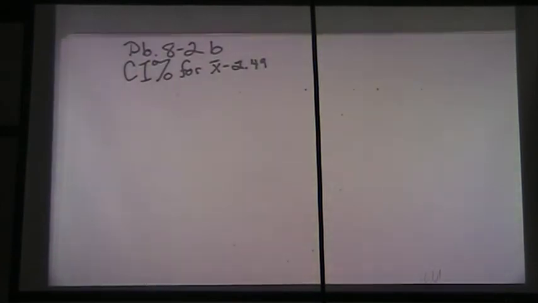Okay, what is the confidence level for the interval x bar minus 2.49 times standard deviation divided by square root of n, less than or equal to mu, less than or equal to x bar plus z alpha divided by 2 times standard deviation divided by the square root of n.